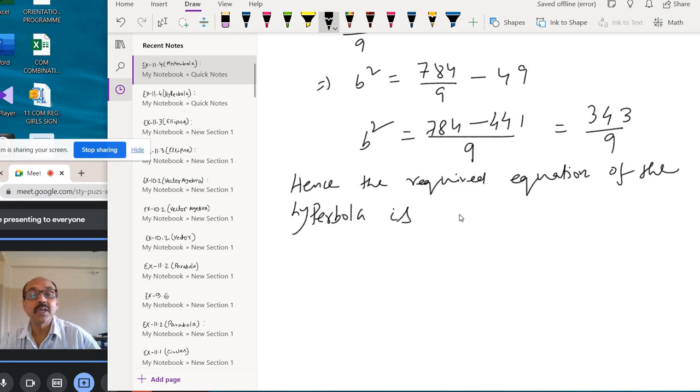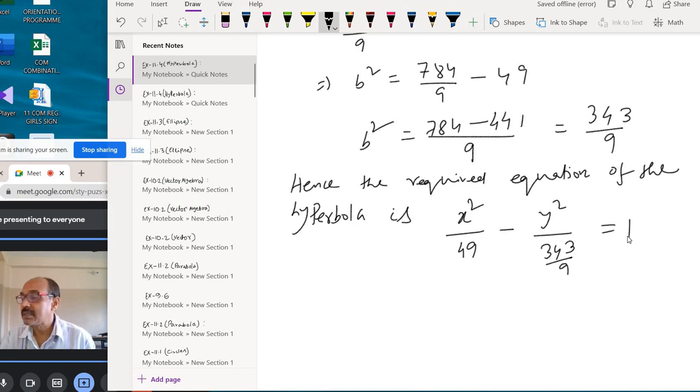So x square by 49 minus y square by 343 by 9 equal to 1.